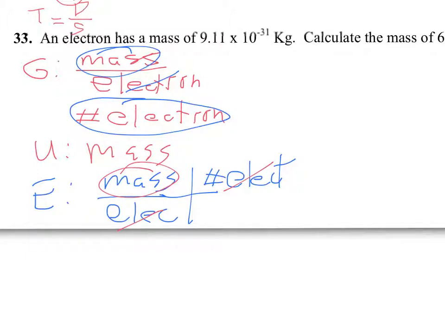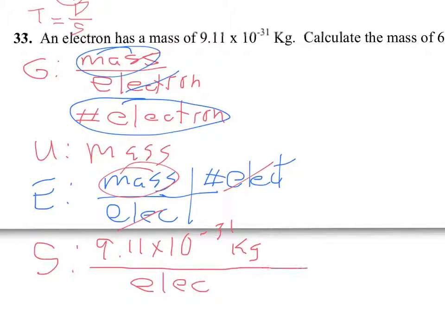Now we can substitute, and we'll plug in 9.11 times 10 to the negative 31 kilograms per electron. I'm just going to write ELEC. Normally I would write E negative, but I don't think I can do that with my finger on this iPad.